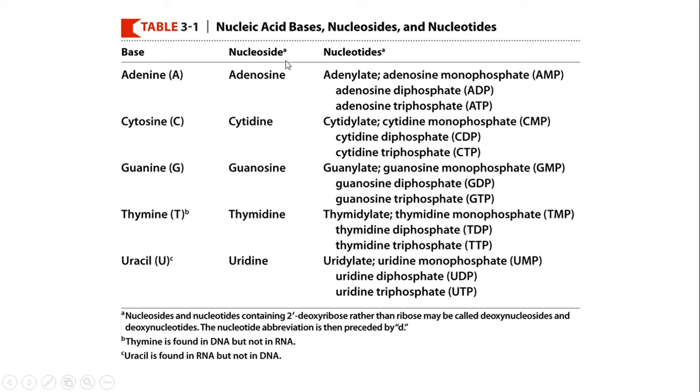When we add that ribose or sugar to that, then we have adenosine, cytidine, guanosine, thymidine, and uridine. When the phosphate group is added, it's an adenylate or a cytidylate or a guanylate or a thymidylate or a uridylate. Anyway, if we have only 1, it's a monophosphate. If we have 2, it's a diphosphate. And 3, it is a triphosphate.